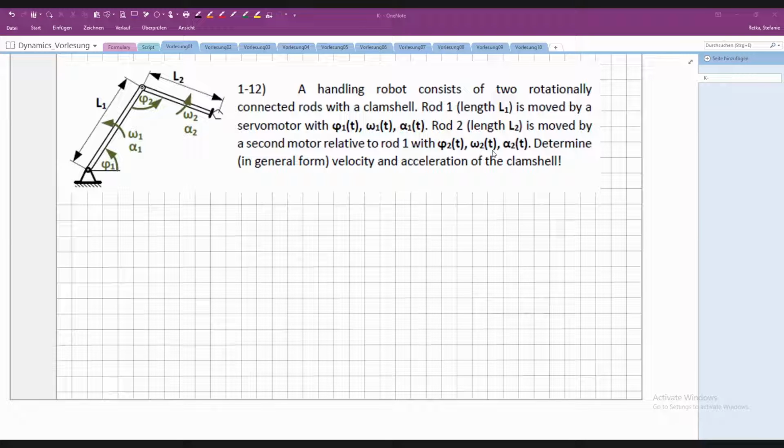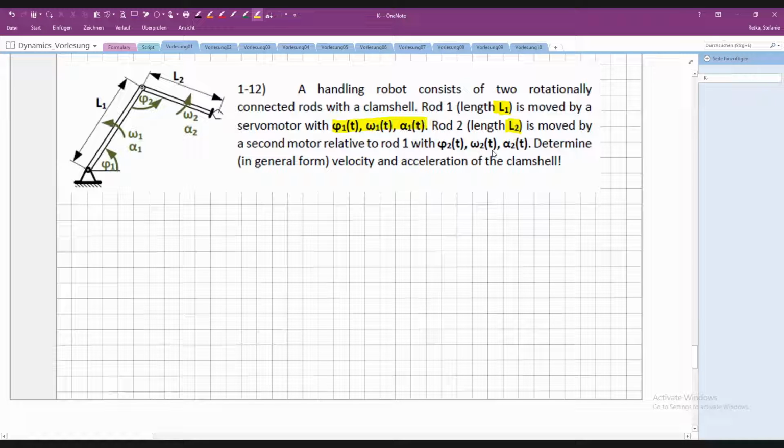So here we have this handling robot with two rods connected by a joint. There's a clamshell, and we want to describe the motion of the clamshell. The lengths are given of both rods, L1 and here L2. And the lower rod moves with given angle, angular velocity, and angular acceleration.